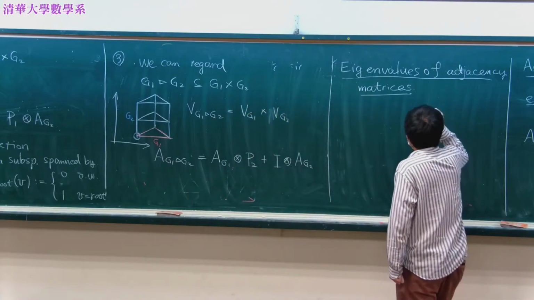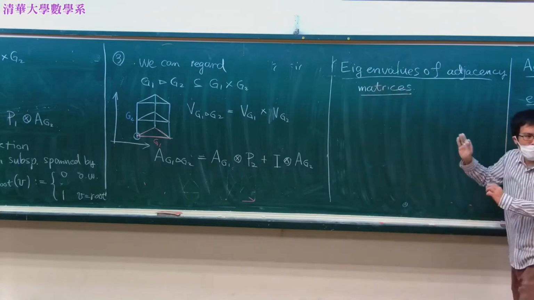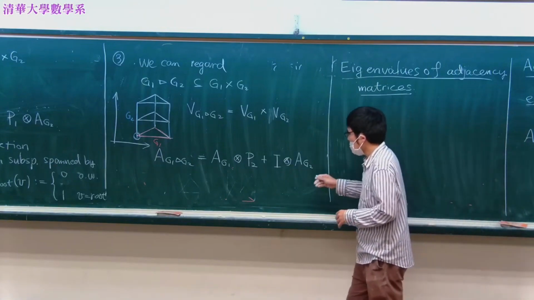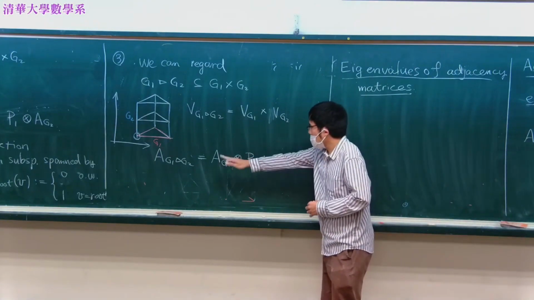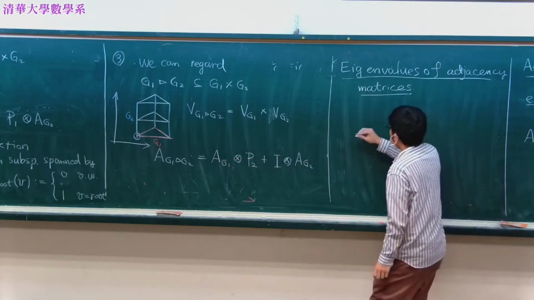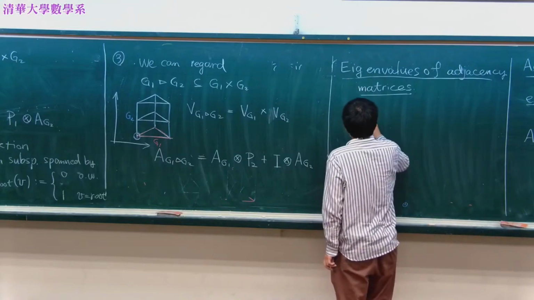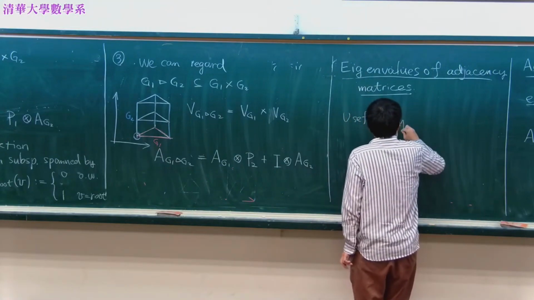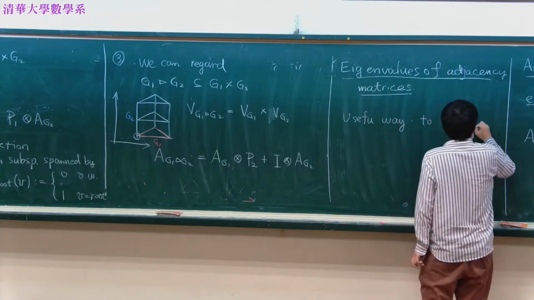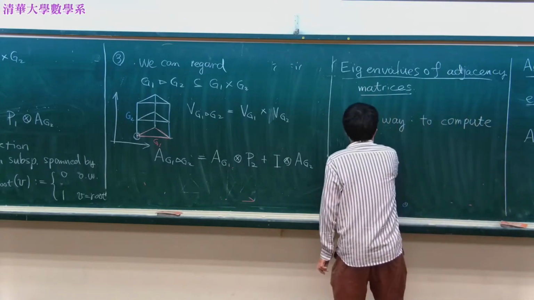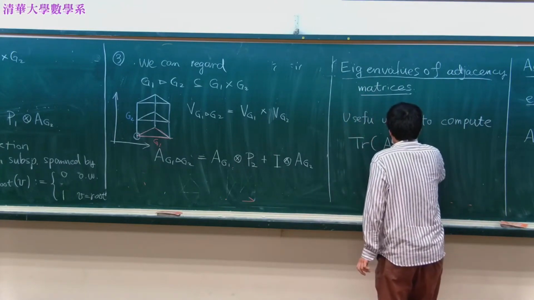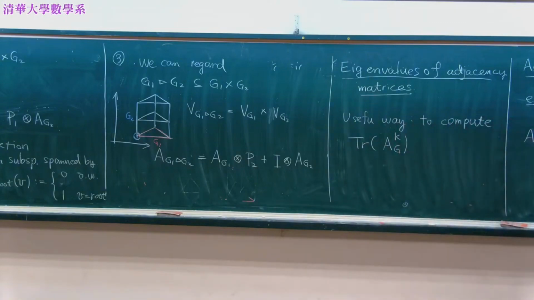In order to compute eigenvalues, one useful method is to compute the traces of those matrices, powers of matrices actually. To compute the trace of AG to the K, for any K.